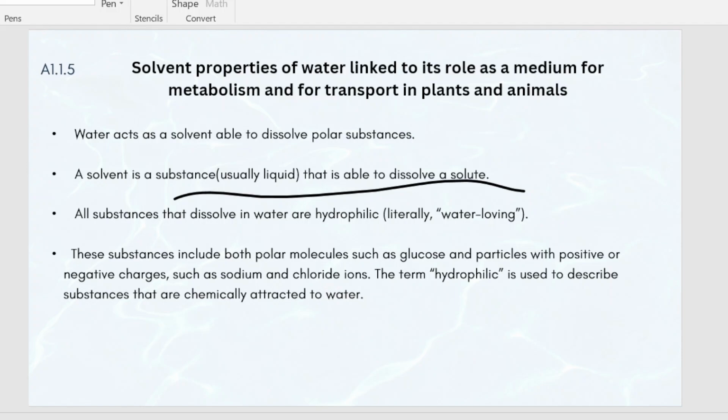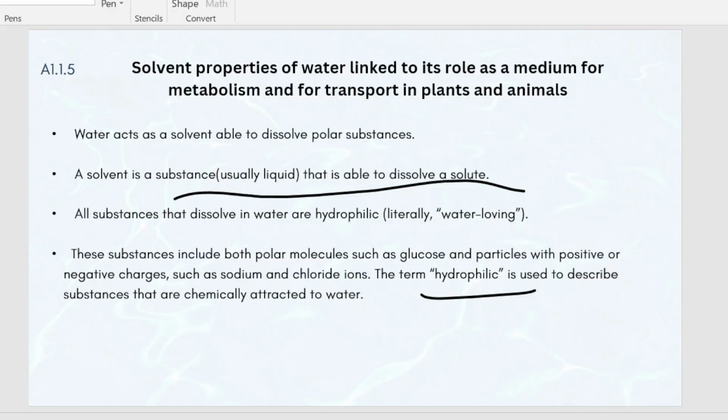Now, substances that are attracted to water are said to be hydrophilic. An example of such includes glucose. Polar substances are able to dissolve in water, so they are said to be hydrophilic.